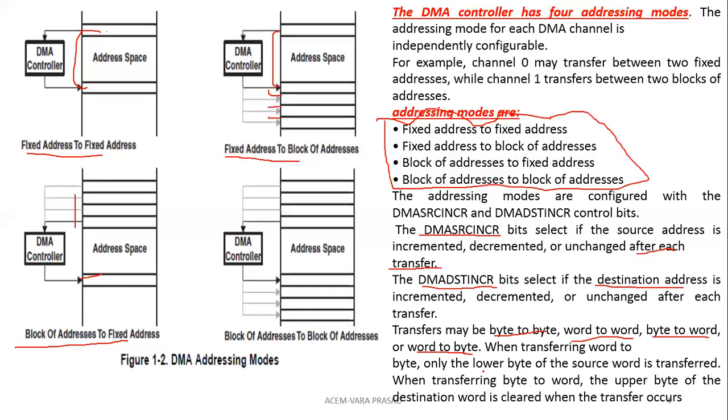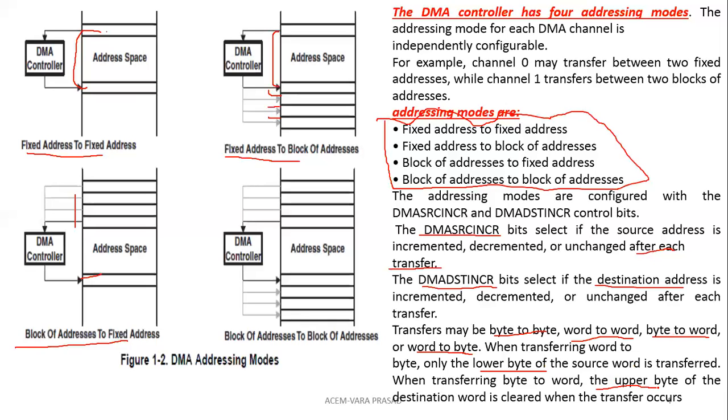During that time the 8 bits will be stored only in the lower byte, whereas the upper byte becomes 0, because only 8 bits are copied.